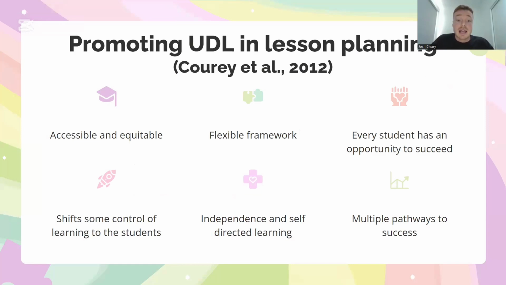Moving on from that, we have ways in which promoting UDL in a lesson plan can occur. So allowing for accessible and equitable, so ensuring it's all accessible for students regardless of their needs. It is a flexible framework altogether. Every student has an opportunity to succeed, and it shifts some control of learning to the students, which is our ultimate goal, to try to create some independence and some self-directed learning through this framework as well.